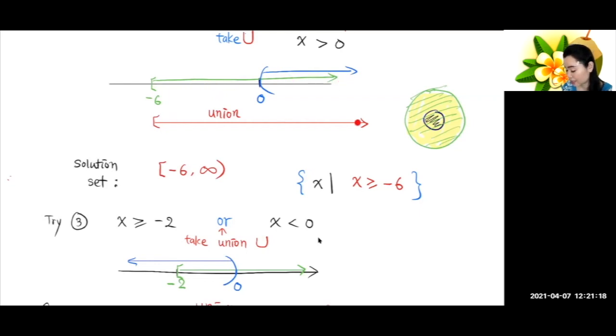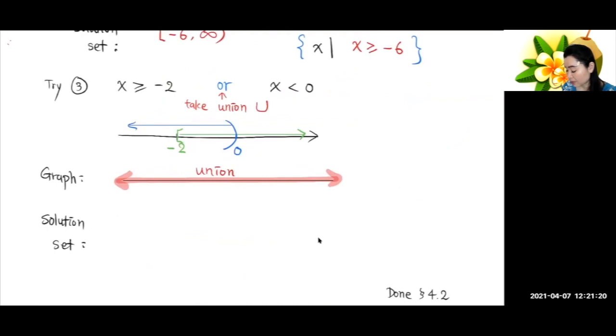Now what happened to this? These two overlap. So if we put the green and the blue part together, you get the green part together with this blue part, and you get everything on this number line. So everything on the number line will be inside the solution set.